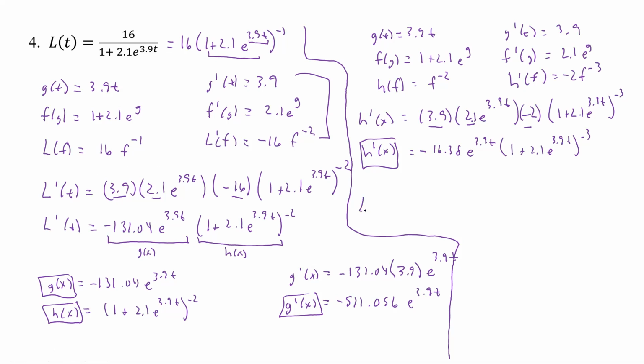And so then the L double prime of t is equal to negative 511.056 e to the 3.9t, and times this, which I'm going to put over to make it so we have less room, (1 plus 2.1 e to the 3.9t) squared, plus, now I have this times this, so I only want to write it once. I'm going to take that 16.38 times a negative 131.04.